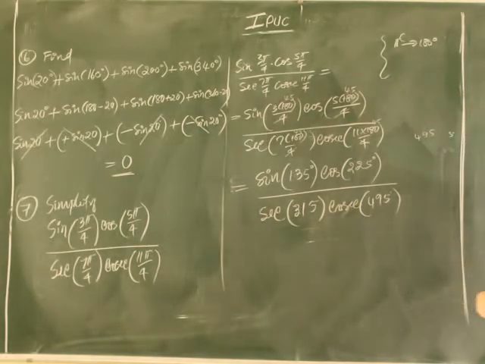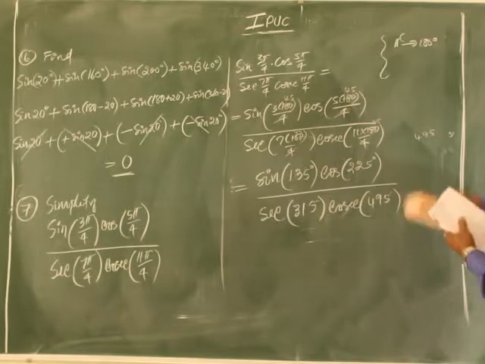Correct now? 45 into 11: 11, 44, 5, 495. Correct.